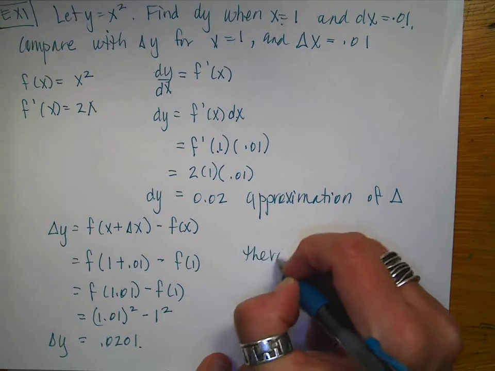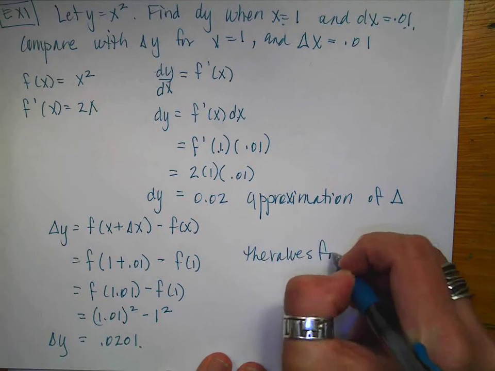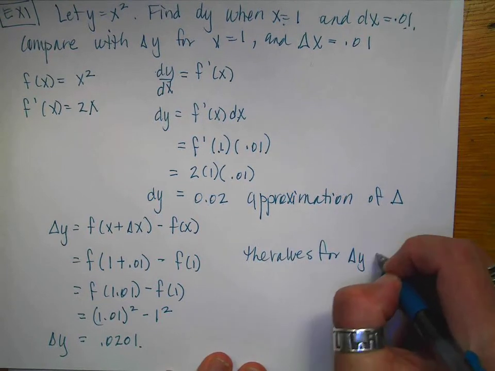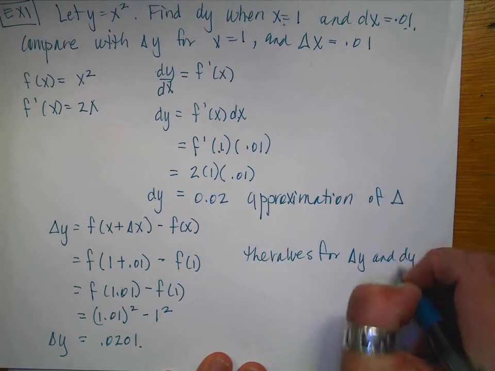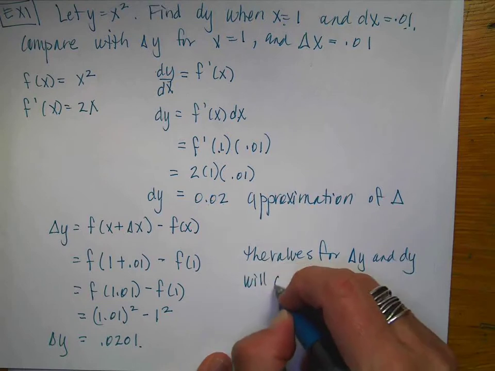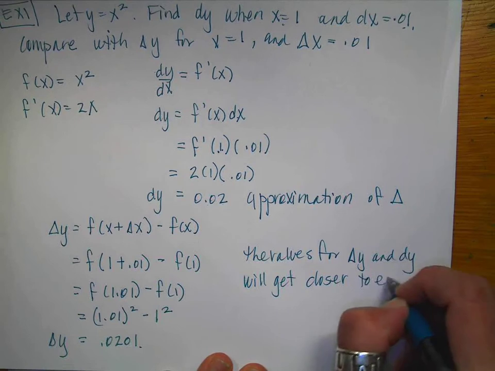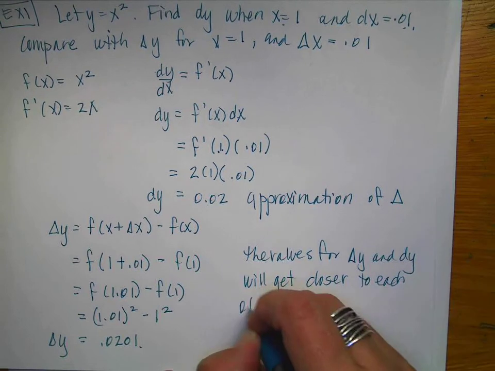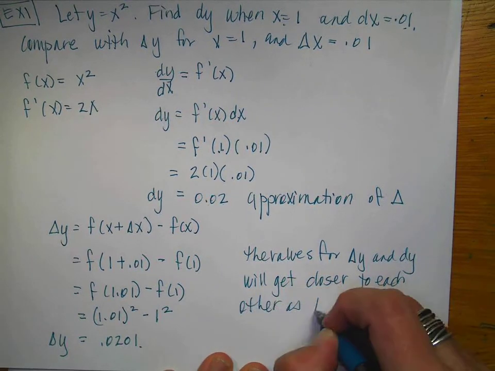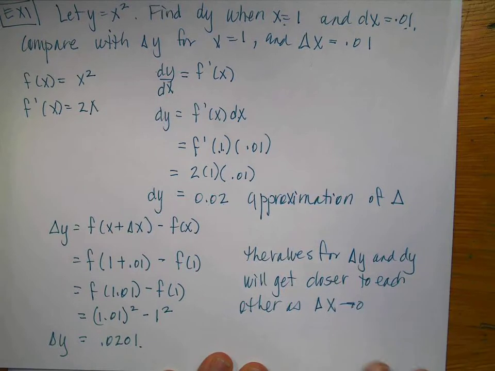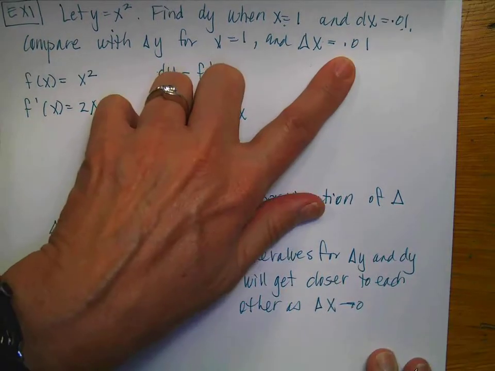So I will make a statement that the values for delta y and dy will get closer to each other as delta x goes to 0.